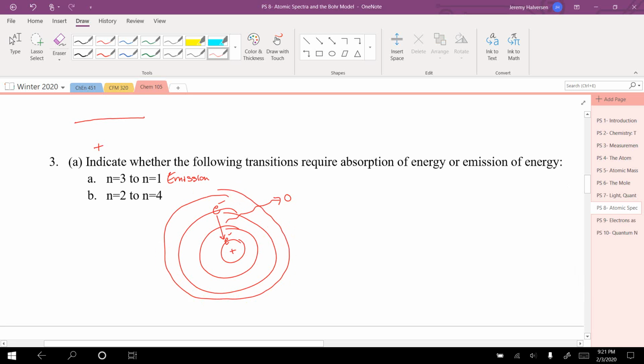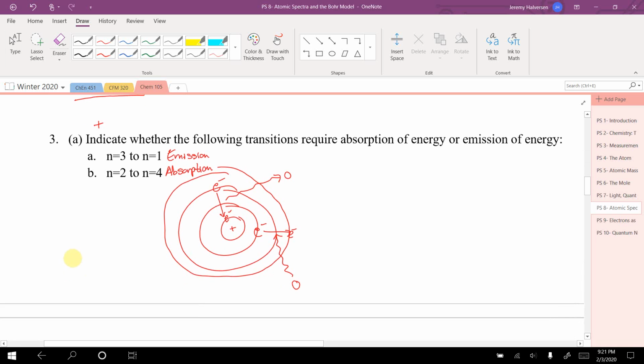For this second one, I'm going from 2 up to 4. Well, that electron went up in energy. Energy has to come from somewhere. In this case, it comes from a photon, so that photon is being absorbed. Hopefully that makes sense. If I'm going up, I'm absorbing a photon. If I'm going down, I'm emitting one.